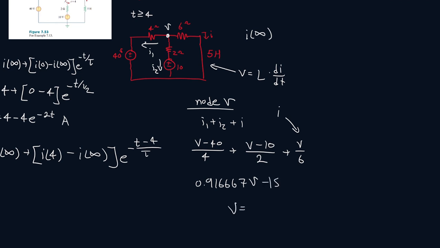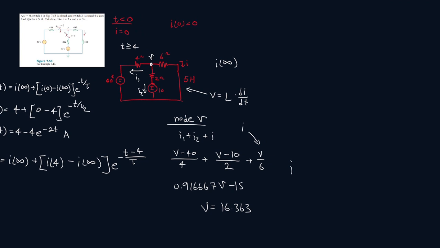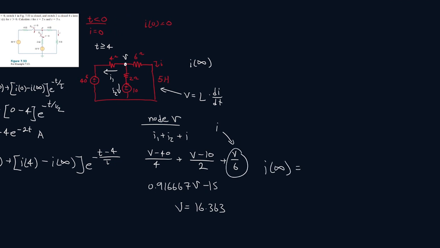So V will be 15 over 0.916667. So that's 16.363. And then our I value, which will give us our I infinity value, will be V over 6. So 16.363 over 6, that's 2.727 amps.